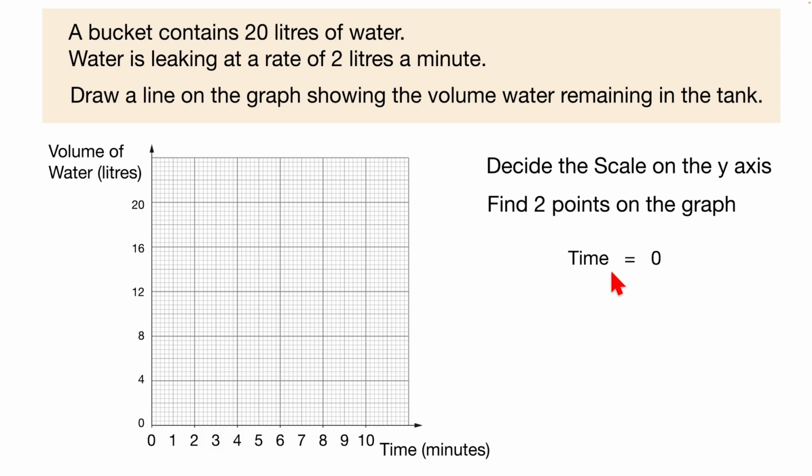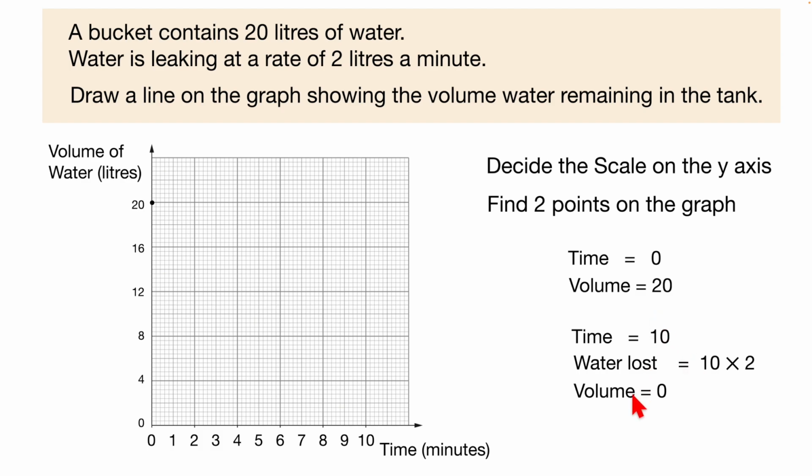We're going to find time equals 0. When time is equal to 0, there are 20 litres of water. So that's there. What's the other one? What should we do next? Well, let's just throw in an idea of time equaling 10. When time equals 10, water lost is 10 times 2, which is 20. Therefore, the water left is 0.